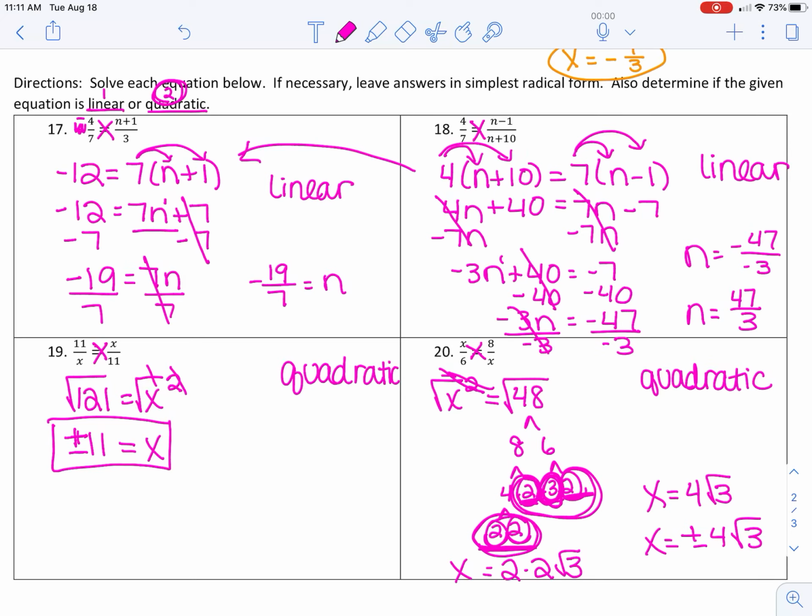And what that really means is x can equal 4 root 3, or it can equal negative 4 root 3. So you really have two answers. That's what that plus or minus is telling us. Okay. Go ahead and circle these so that we don't lose them in here. All right, and that is going to be it for day 3 of lesson 2 notes.